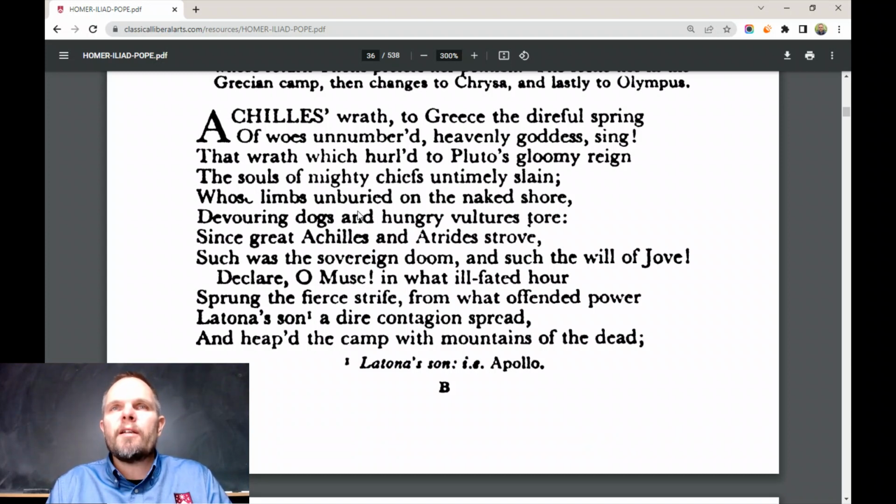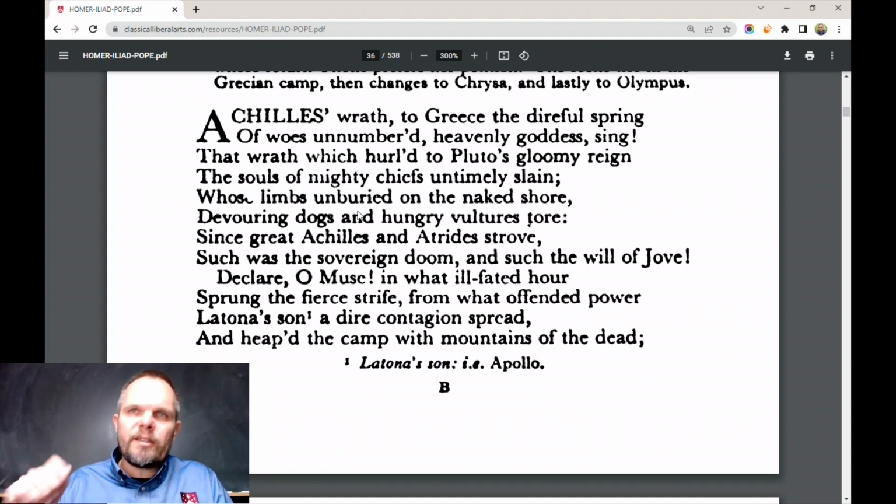And Homer here in this opening passage is asking the goddess to reveal this to us, to explain this to us, to help us to understand the wrath of Achilles and what Jove's purpose was in bringing about these evils upon the ancient Greeks.